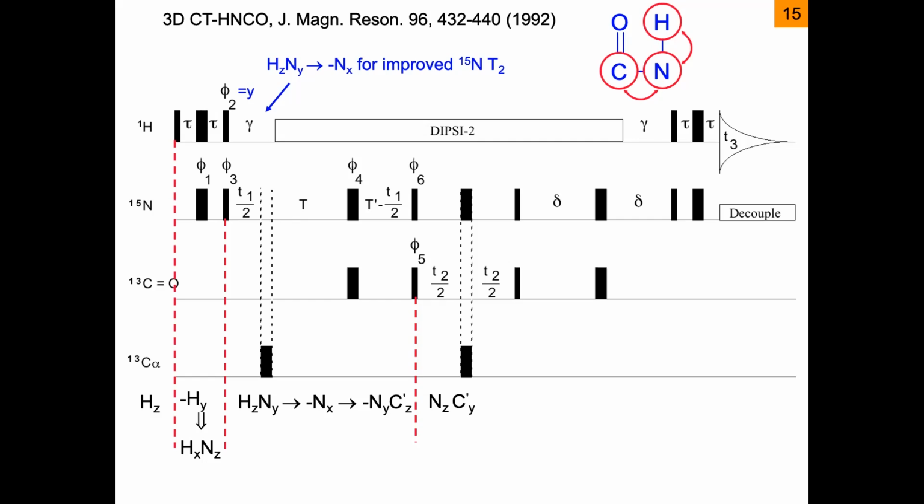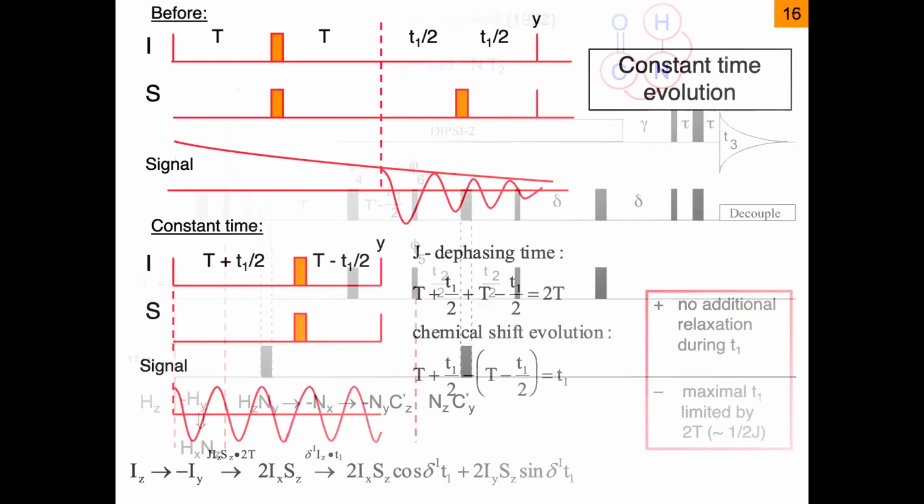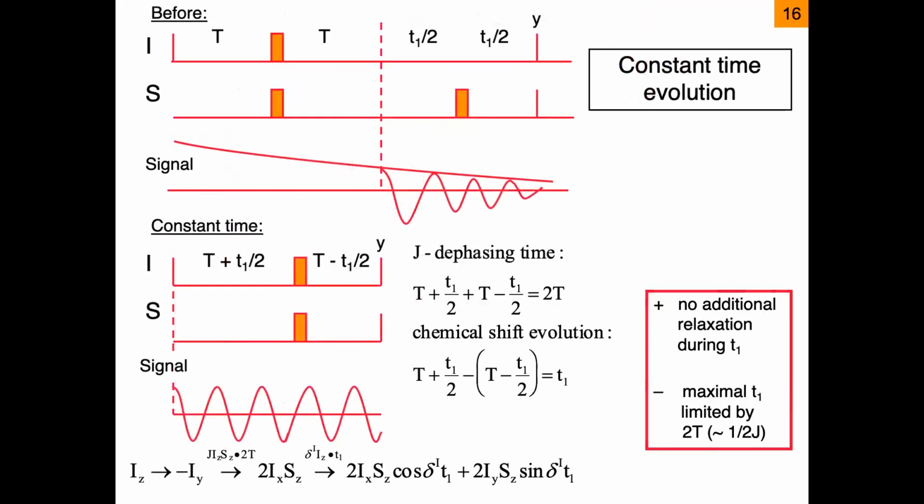And how this is done, you see here on the slide. So what people used to do before this was started was that they were thinking, okay, we need an INEPT transfer from one nucleus to the next, but then also we want to measure the chemical shift, so we add an additional evolution period like this here.